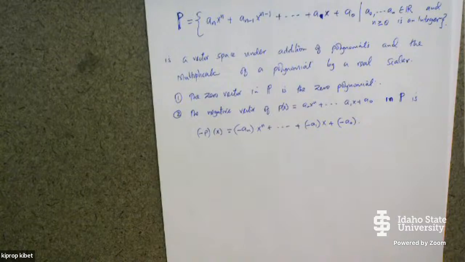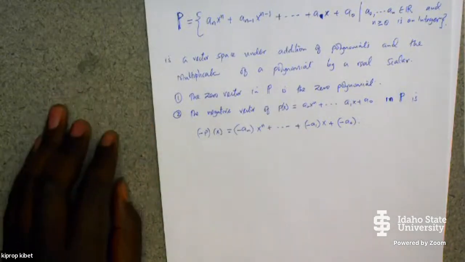So, like we have said, it follows the 8 axioms. Those are basically 2 examples that you can get from axioms of vector space.